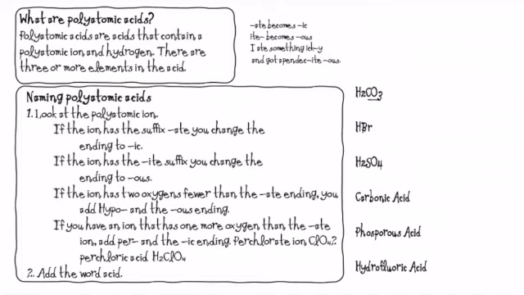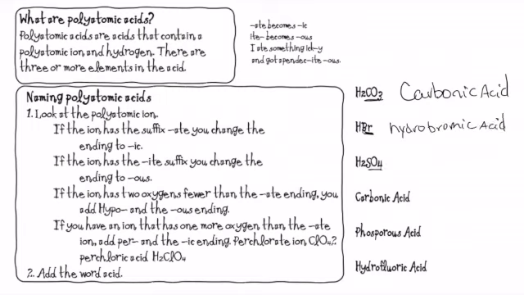So this is a carbonate ion. If it's an ate, you change it to ic. So we would have carbonic acid. This one is not polyatomic. This is just a binary acid, so it would be hydrobromic acid.